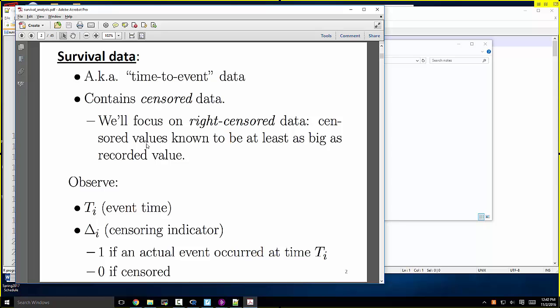So all of our survival analysis data are going to contain a column for the event times and a separate column for the censoring indicator. The usual parameterization of the censoring indicator is equal to 1 if an actual event happened and 0 if it was right censored.